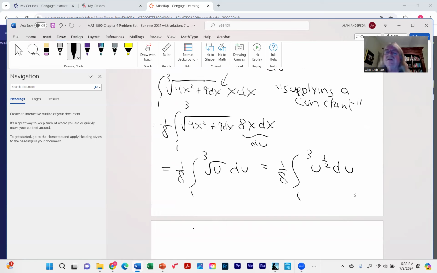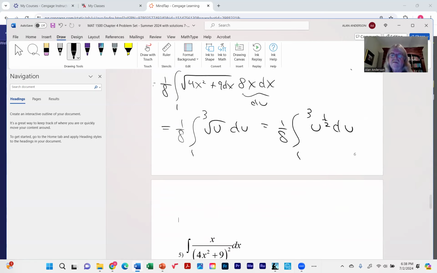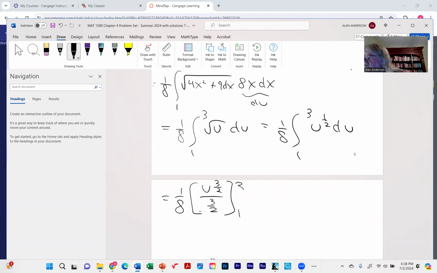And the great thing about this is that we can now apply the power rule. So we'll have 1/8. So we'll have, when you add 1 to 1/2, you get 3/2. Evaluated from 1 to 3. But dividing by 3/2 is the same thing as multiplying by 2/3.